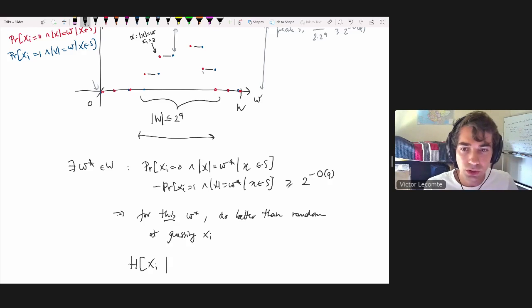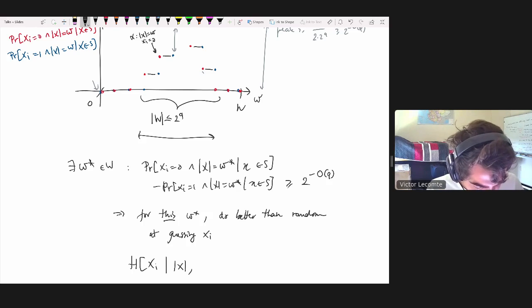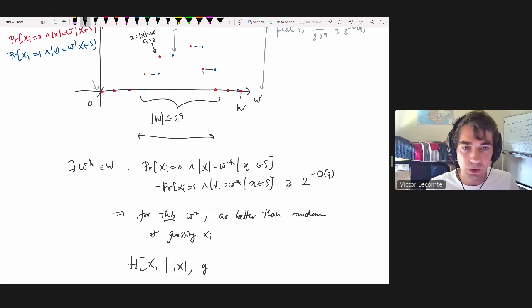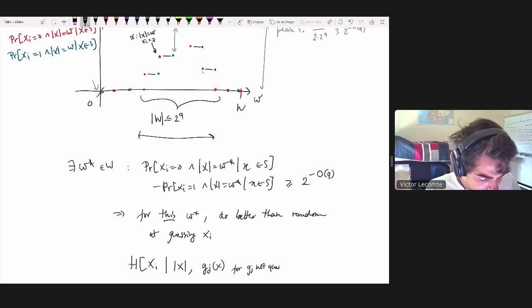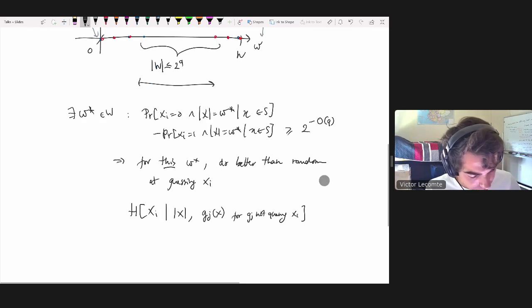And that is sufficient to show the remaining entropy. What do you need to know here? You need to know S, and you also need to know the Hamming weight, because you need to know whether you're in w prime. As long as you know the Hamming weight and you know S, and knowing S means just knowing the values of Gj of X for Gj not containing Xi, you can get a 2 to the minus q better than random chance guess.